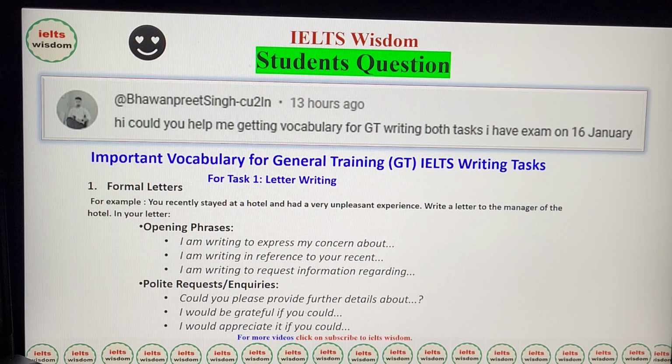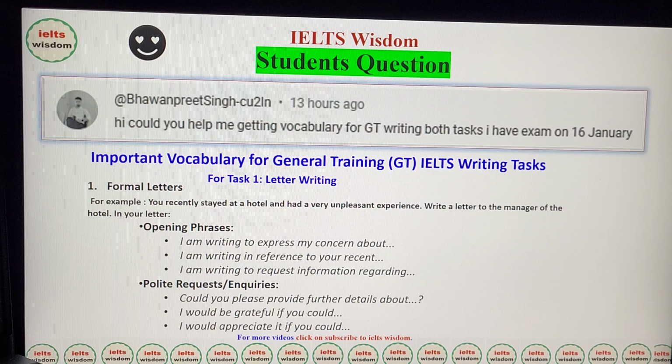The second thing: if you have a polite request or inquiry about the hotel, or if you want to investigate further, then you can add a polite request like, could you please provide further detail about my request.